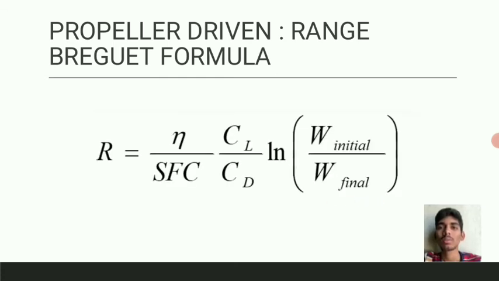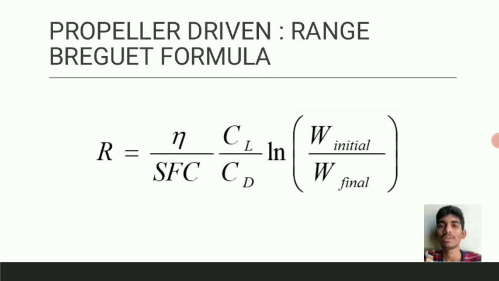Next, propeller driven range formula. R is equal to eta, the efficiency, by SFC into C_L by C_D into Ln of W initial by W final. Here R is defined as the range, eta is the efficiency and SFC is the specific fuel consumption for the propeller. If we consider the jet, then we will get TSFC, which means thrust specific fuel consumption.